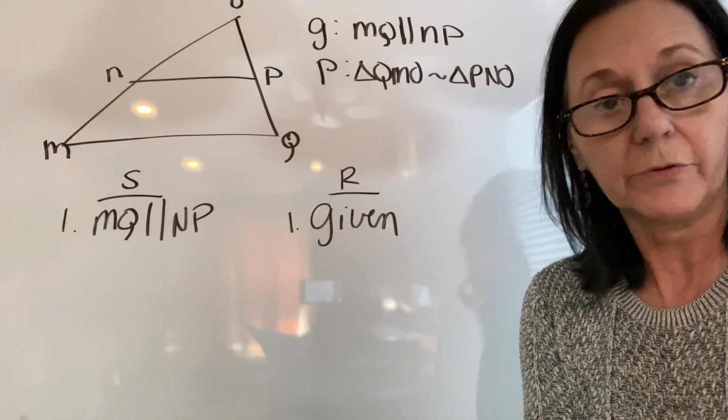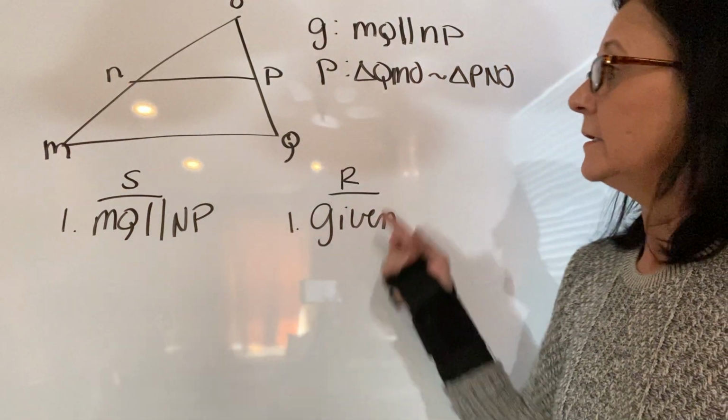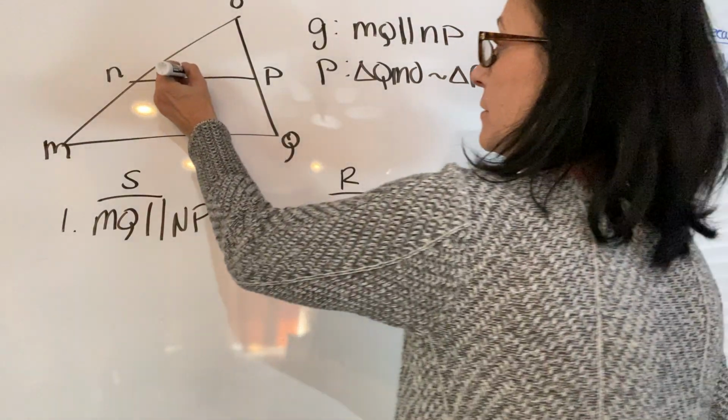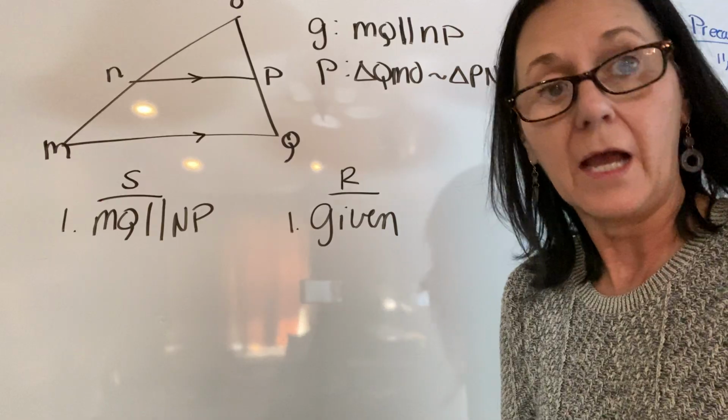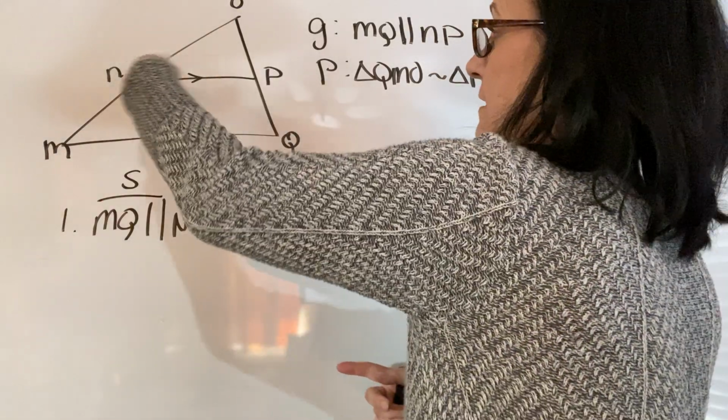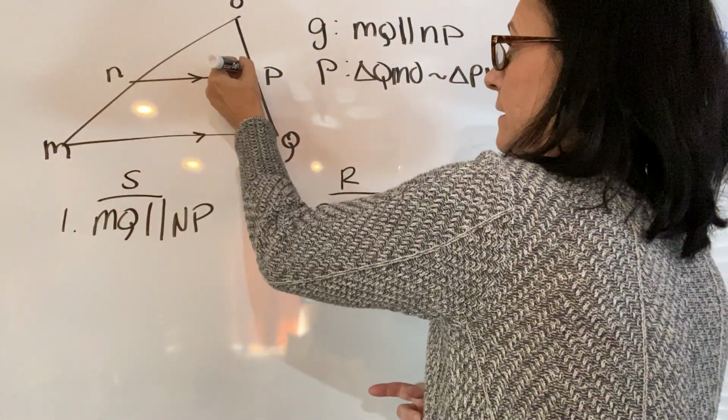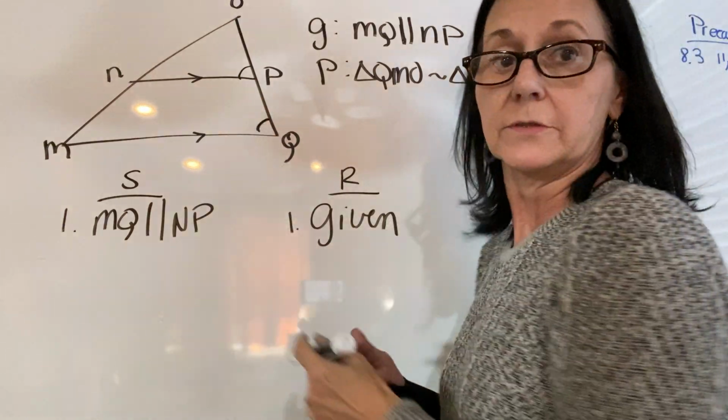To prove similar, I simply have to prove two angles. I can actually prove three. I know that when these lines are parallel, those are corresponding angles.